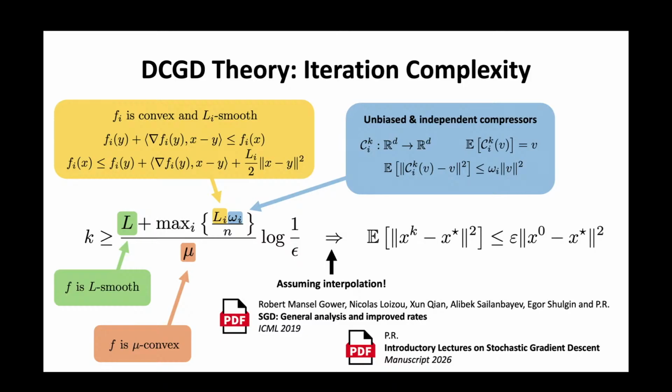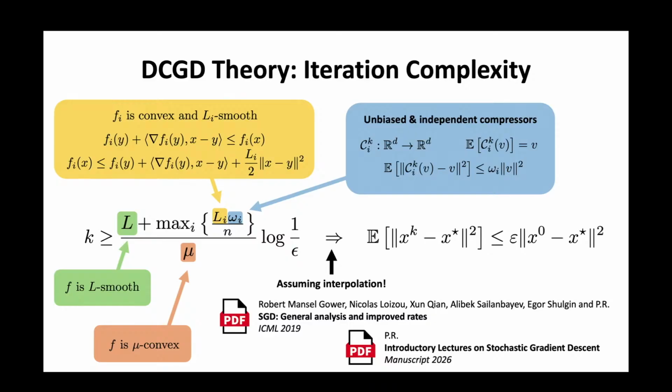But the number of iterations doesn't matter, right? Why? Because if we compress a lot, then we can take many more iterations in the same amount of time. If we don't compress at all, then we have to take fewer iterations, right? So we have to multiply the number of iterations by the number of bits that we communicate from the client to the server under our cost model, because that's the only thing that matters. Everything else is free, okay?